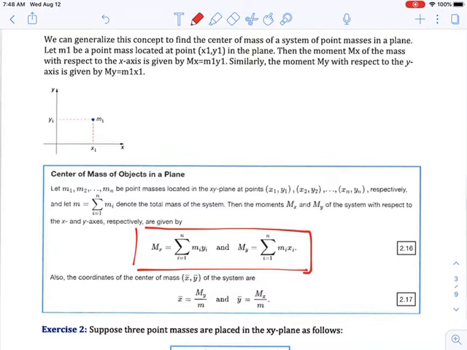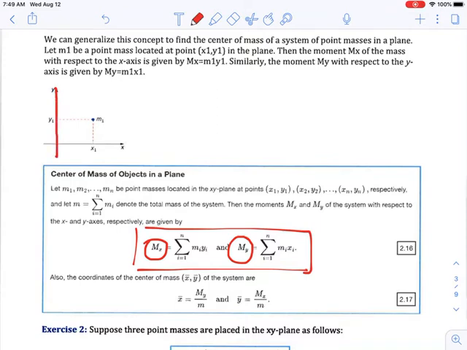The only thing that I want to say about the formulas for moment, and so this is the moment about the x-axis. M sub x is the moment about the x-axis. M sub y is the moment about the y-axis. So let's just take a look at what that means. So here we have our y-axis.